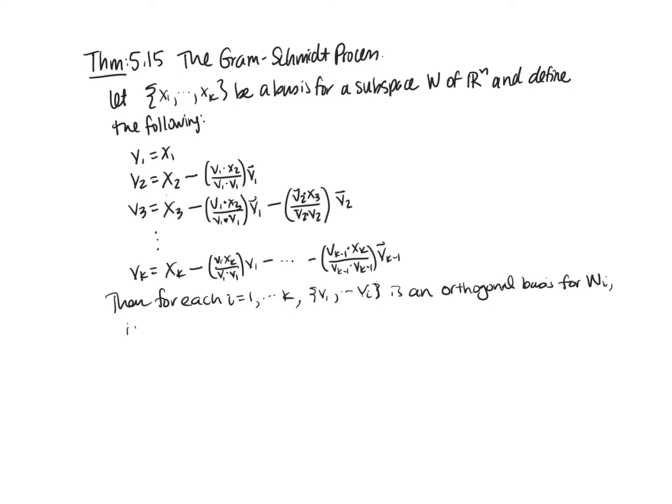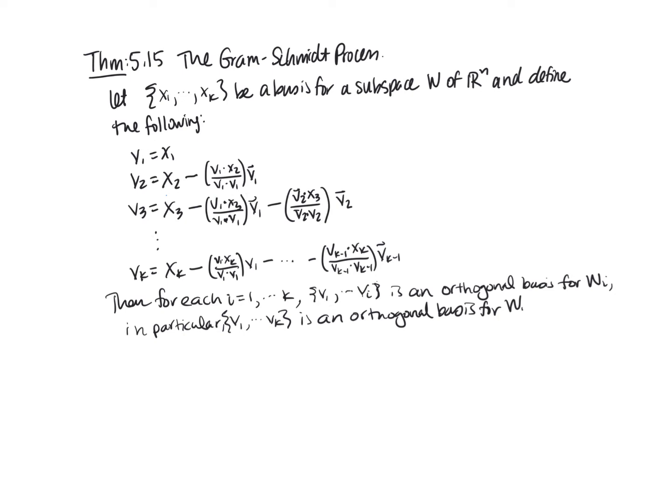In particular, V1 through Vk is an orthogonal basis for W. And so those guys are just orthogonal.